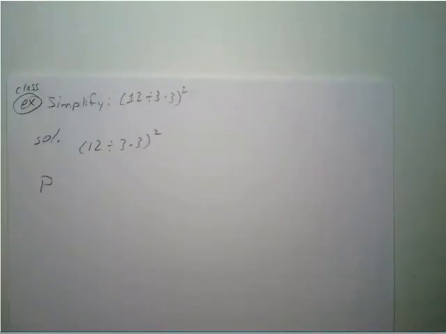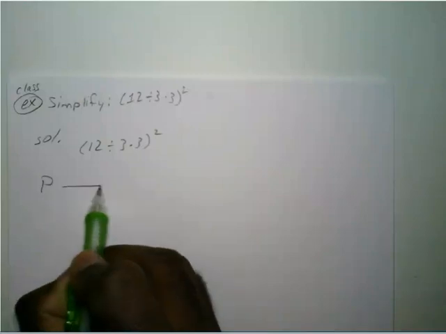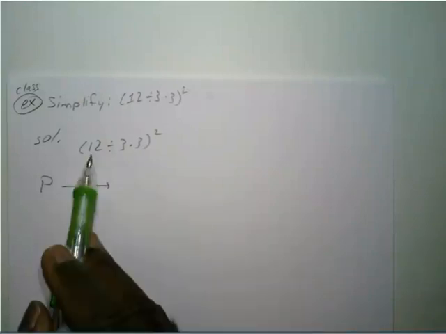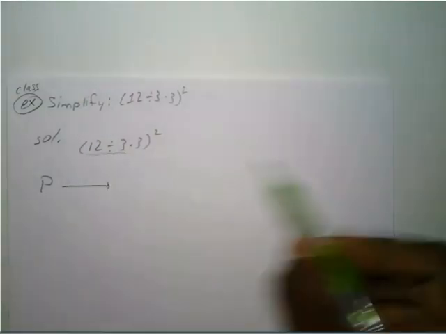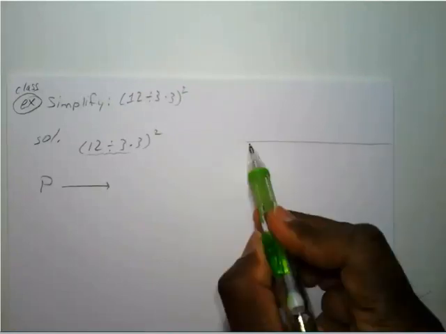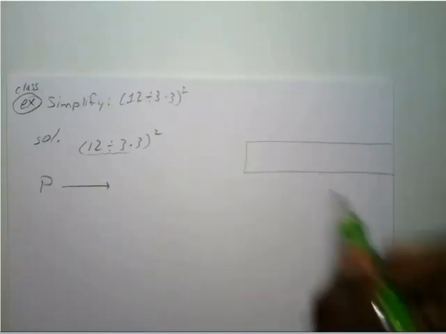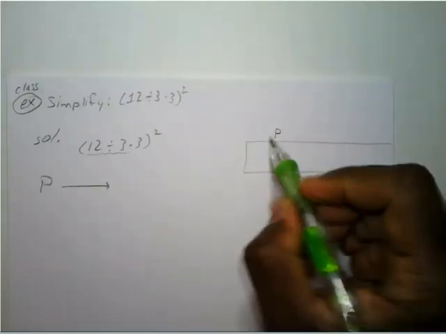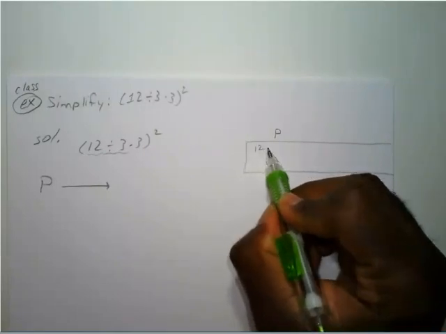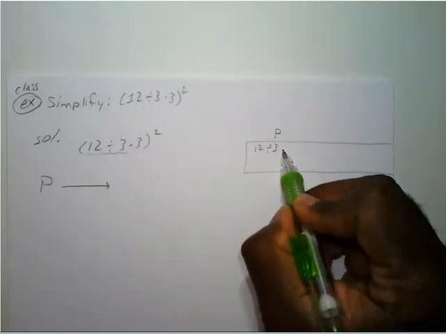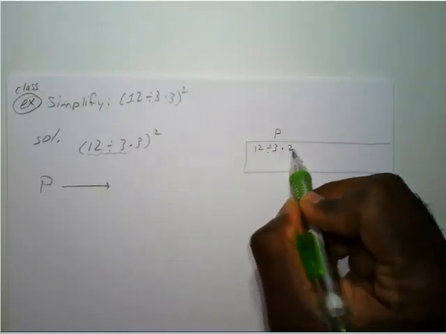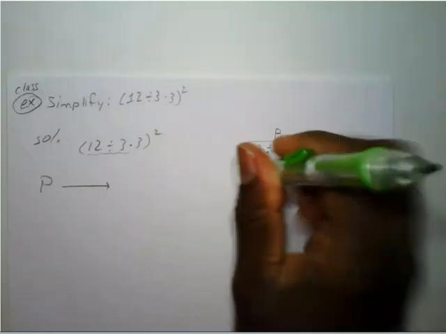And we're going to start with our parentheses. So your parentheses, again, is everything in here. So you always bring your parentheses over to the side. So your parentheses is 12 divided by 3 times 3.